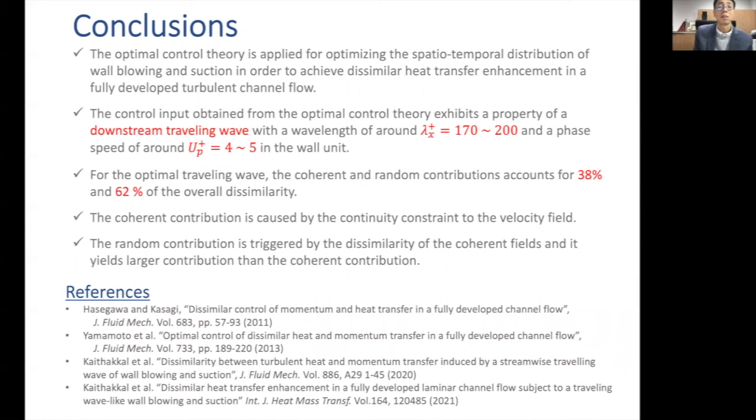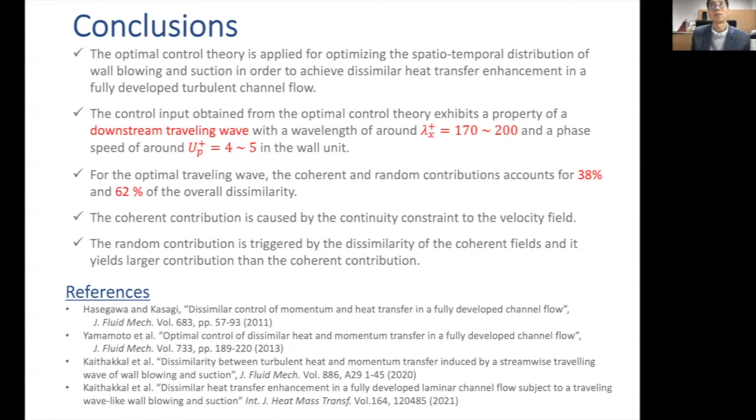Interestingly, coherent contribution is only 38%, and most of the contribution is coming from random contribution. This suggests that the indirect interaction between coherent input and random turbulence is quite important in this case. The coherent contribution is caused by the continuity constraint.